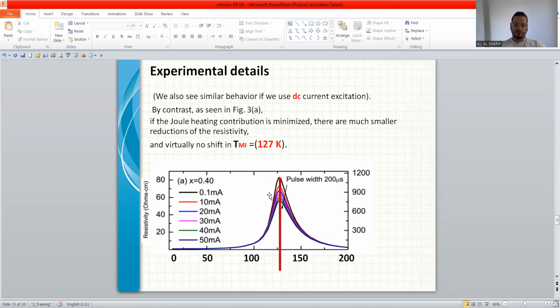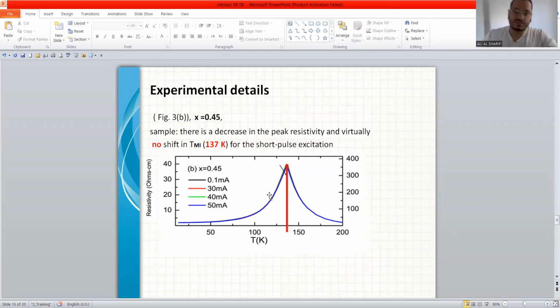Now let's take a look at the other. Here when x equal 0.45, all of these different amounts of current share the same insulating transition temperature, approximately 137 Kelvin. Here, the same behavior, but with a huge difference.